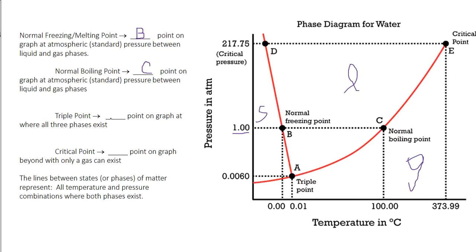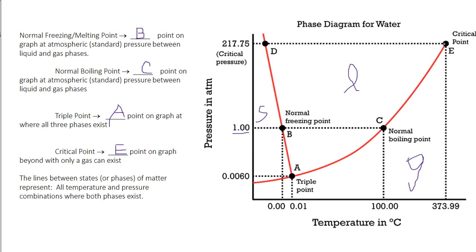And the triple point is right here, point A. And point A is significant because that is the place where all three, solid, liquid, and gas, can exist. And I'll show you a video of that in a second. But before I do that, the critical point is way up here, this point E. The critical point is the point on the graph after which only a gas can exist.